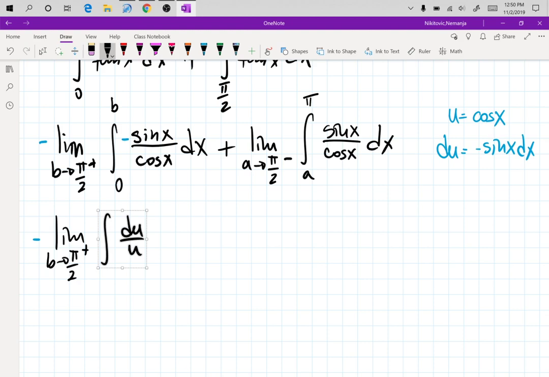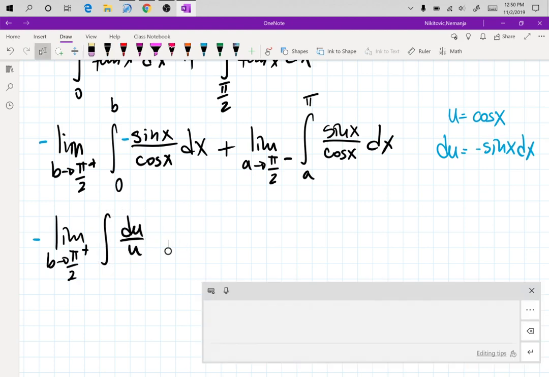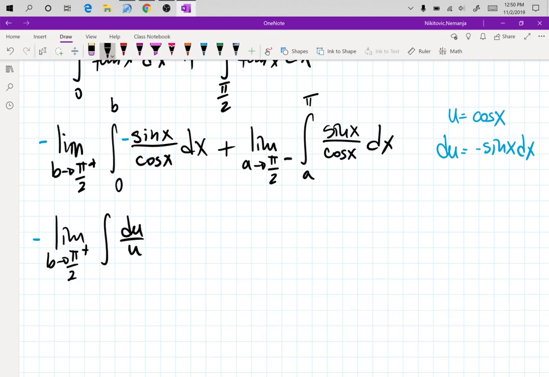So du over u. And now that I have du over u, plus the other one, will also be limit a goes to pi over 2 minus integral du over u.